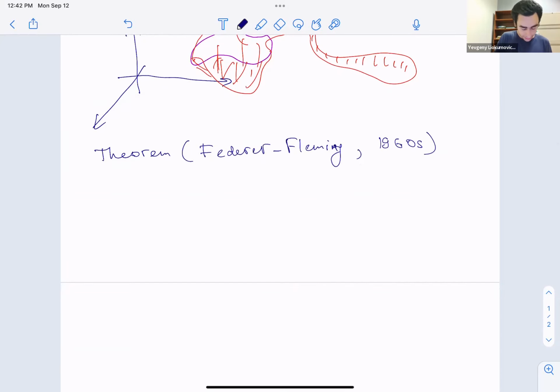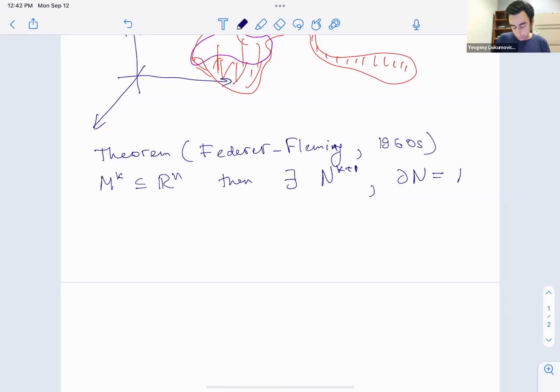That if you have a k-dimensional submanifold M in R^n, then there exists a k+1 dimensional manifold with boundary N, boundary of N is equal to M, and the k+1 dimensional volume of N is controlled in terms of the k-dimensional volume of M.